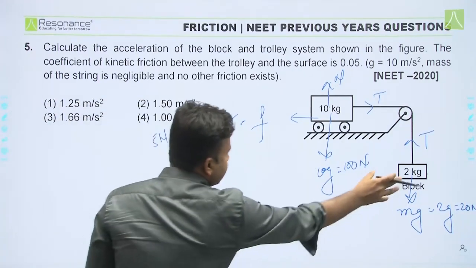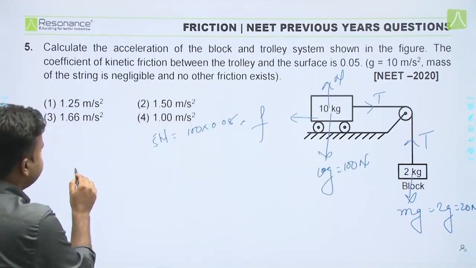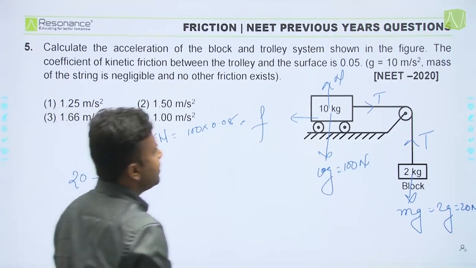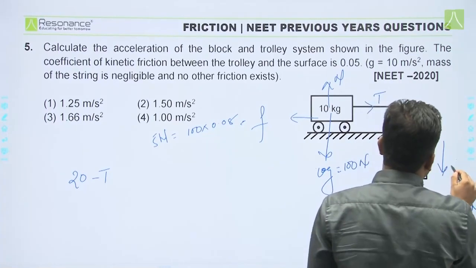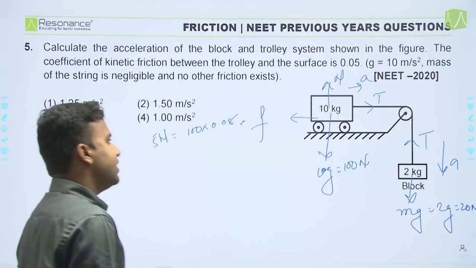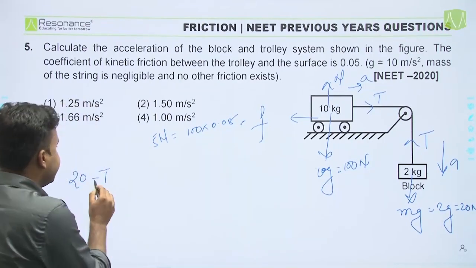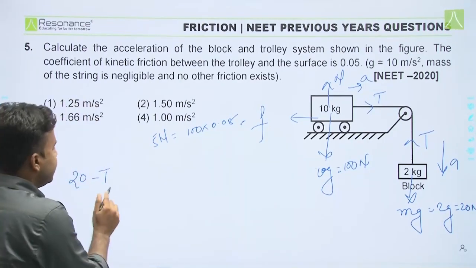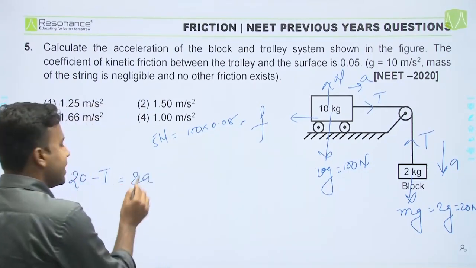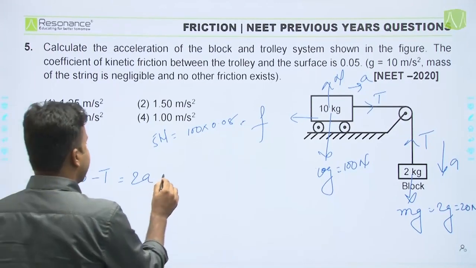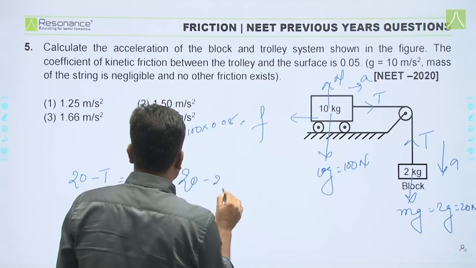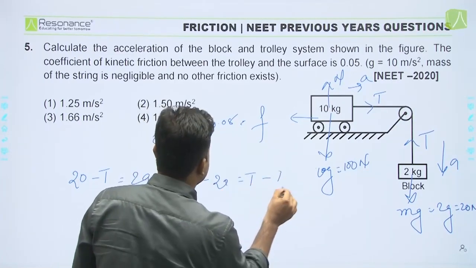Now write down the equations. First I am writing the equation for the 2 kg block. We can write 2G, or directly 20, minus T. I am assuming the acceleration of this block is in the downward direction, which is A, so it will move in the horizontal rightward direction with acceleration A. So 20 minus T equal to 2 into A. We have to calculate the acceleration, so we write this equation in terms of tension: 20 minus 2A is equal to T. This is our first equation.